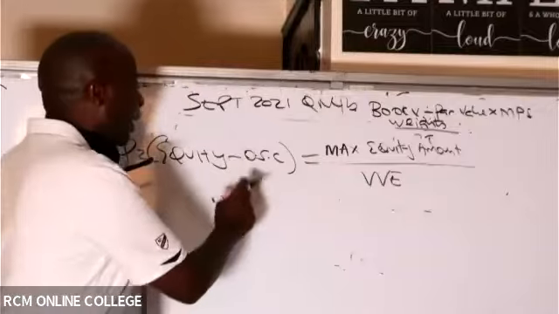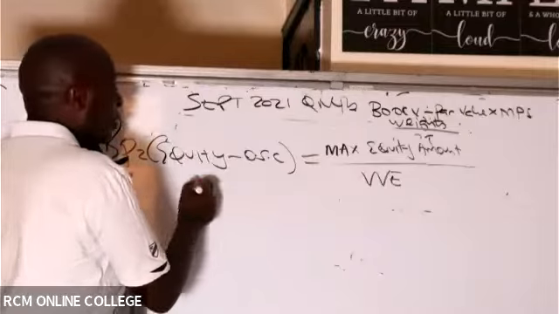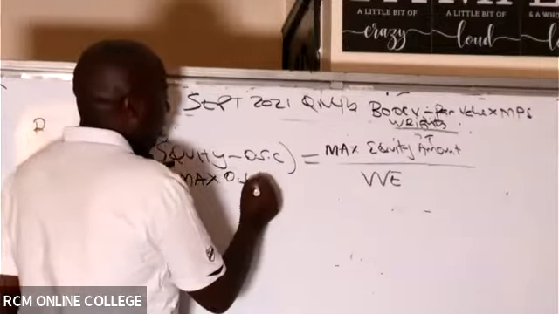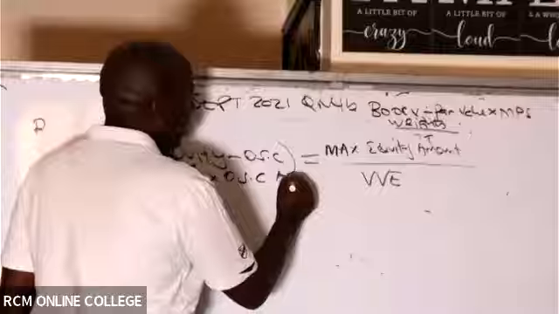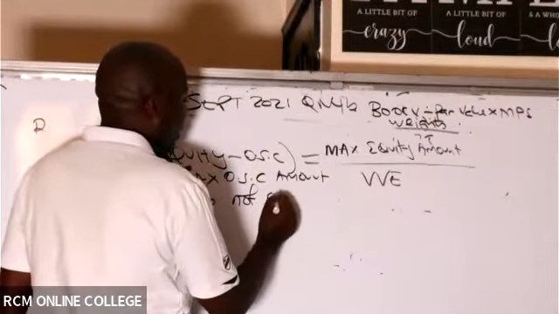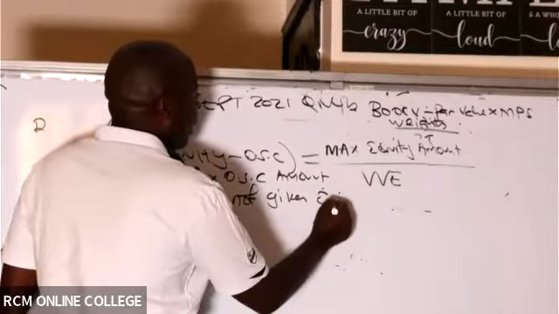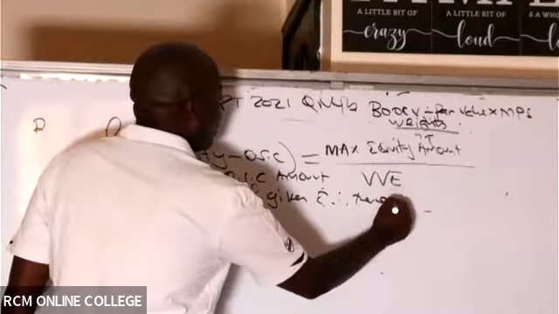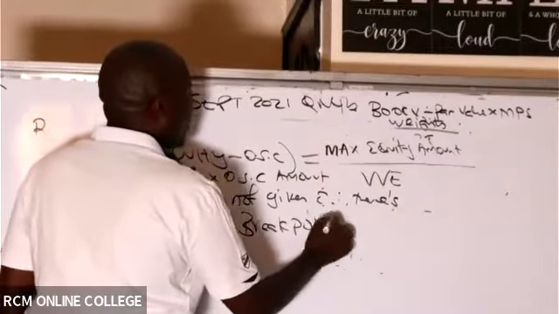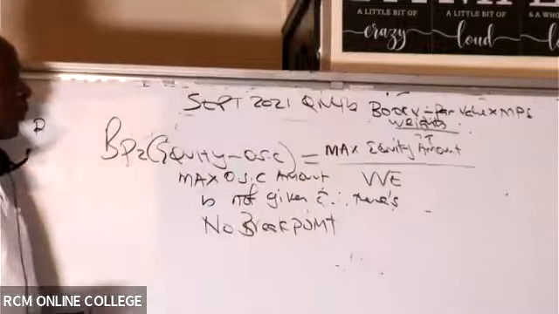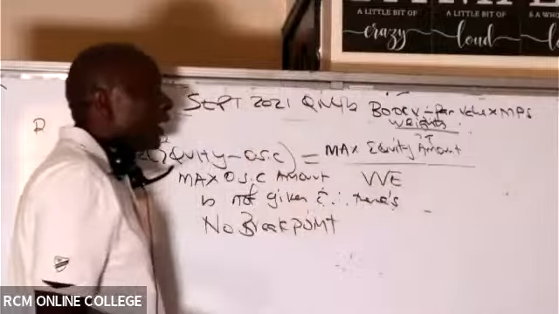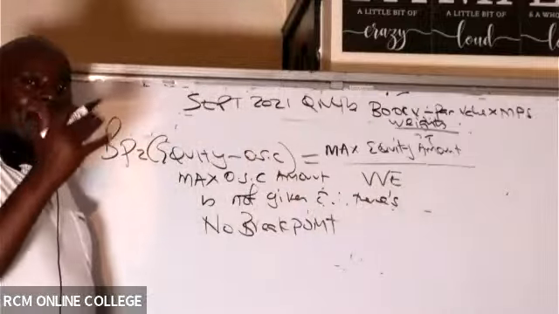So in this particular case, the maximum ordinary share capital amount is not given, and therefore there is no breakpoint. You just write that and you get a mark. In this case, your maximum equity amount is like infinity. I mean, there is nothing given there. No maximum has been given.